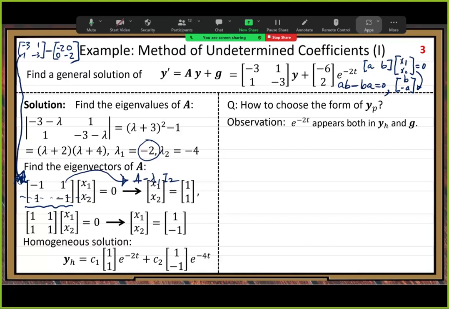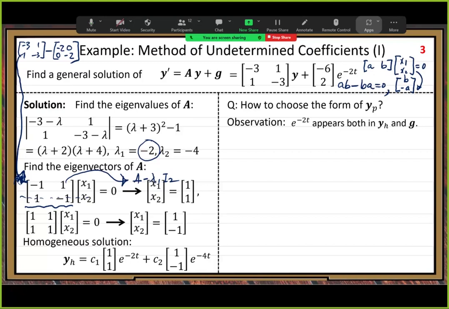The modification rule tells us this function is repeated here, but only repeated once. Look at the multiplicity. How many times is it repeated? That would determine the structure of your YP vector.